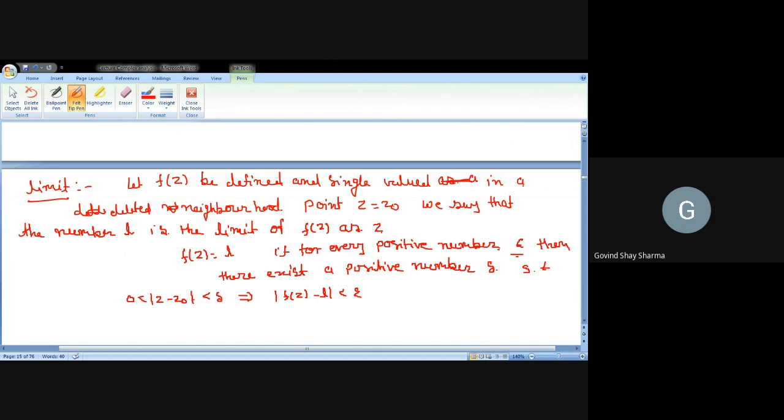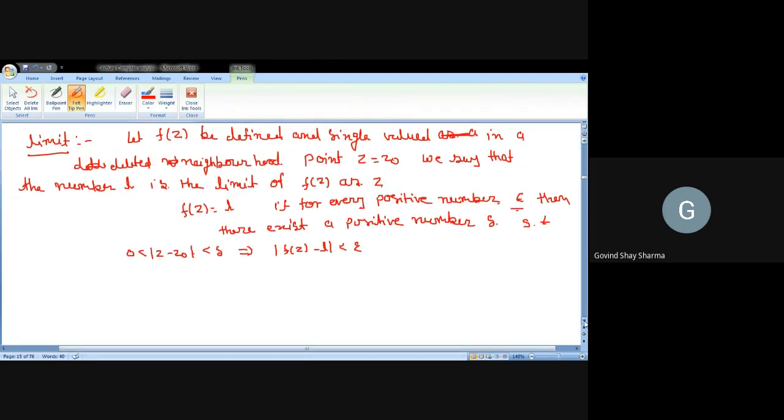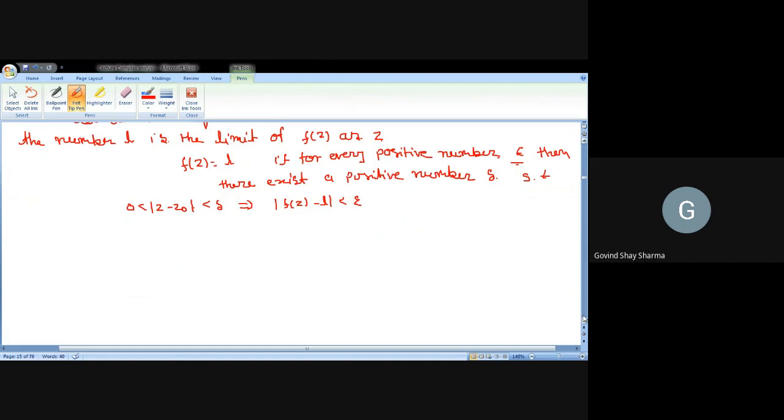Now we will show that for the function f(z) = z squared, we have to prove that if z moves to z0, then f(z) also goes to the limit z0.